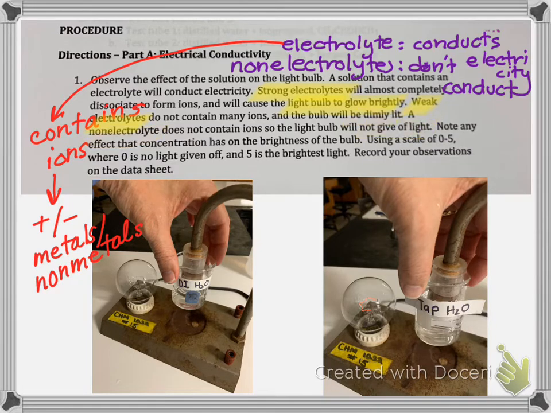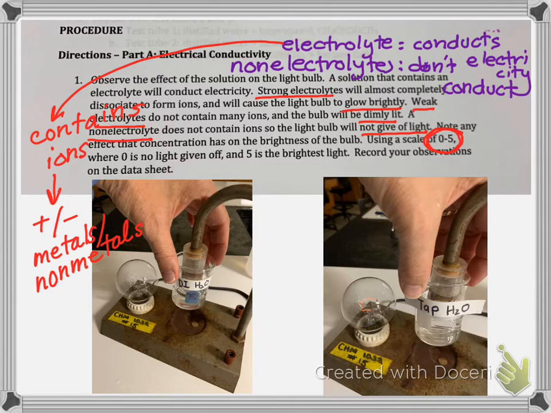So what are we looking for? I'm going to underline it so I can see it better. We might have a strong electrolyte and it will glow brightly. A weak electrolyte and it will be dim. And then a non-electrolyte with no ions will not give off light. And how we're going to identify it is to have a 0 through 5 number.